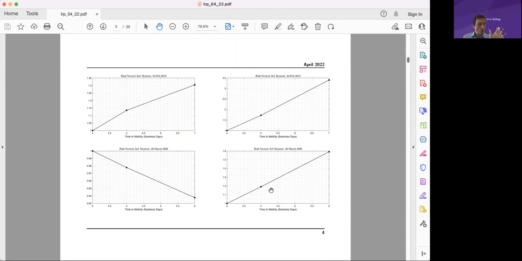I looked only at the very short end of the term structure. So bear in mind, when you are making sense of how big these term structure effects are, that here time to maturity ranges from 4 business days to 7 business days. This is the super short end of the term structure. These horizons are not months, they're just days.